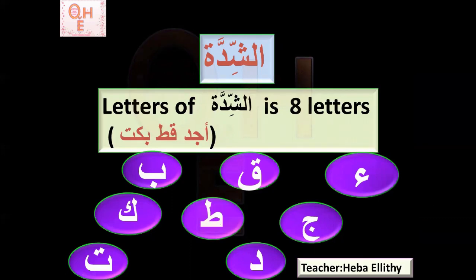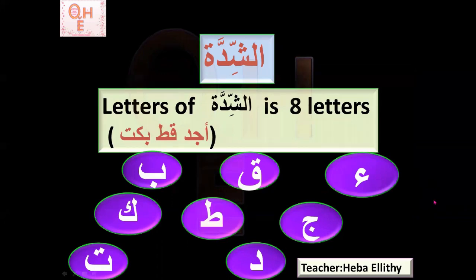مجهورة means the breath is trapped on it. So these five or six letters here are trapped in breath and trapped in sound, both of them. شديدة مجهورة. So we have two kinds of the شديدة letters.